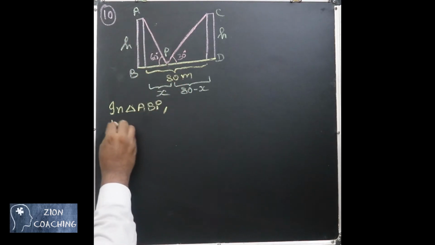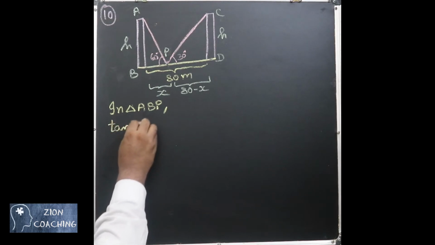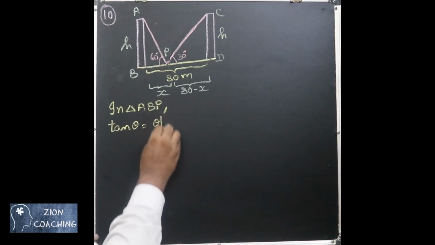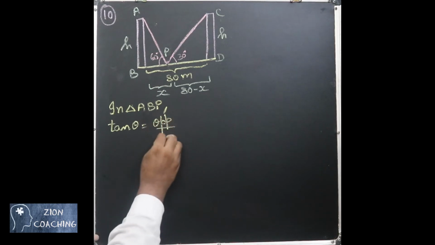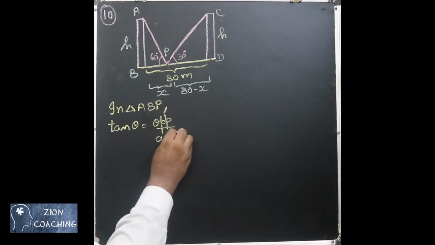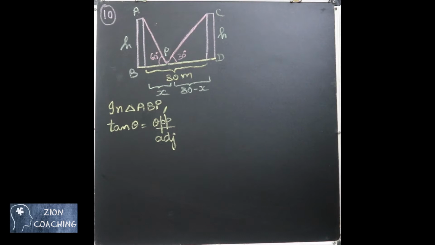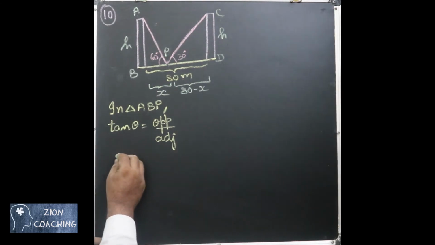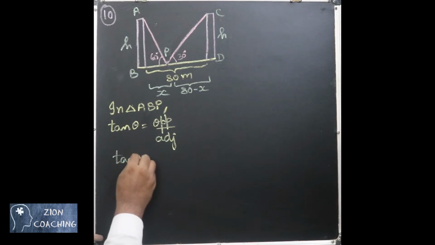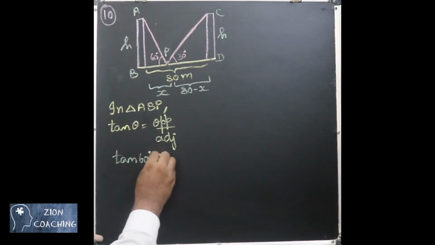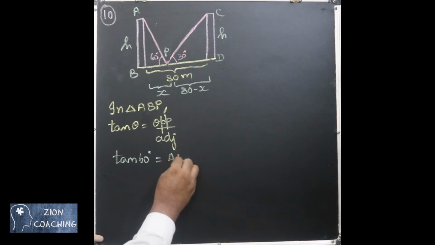So we are going to use tan theta, which is opposite side by adjacent side. Angle is 60 degree, so tan 60 degree equals AB by BP.